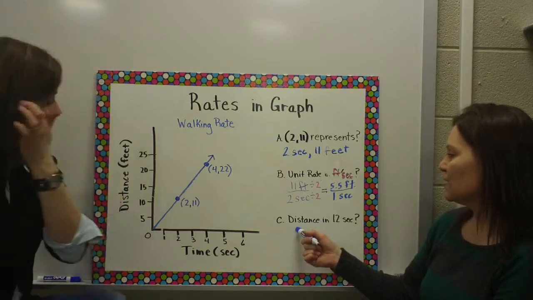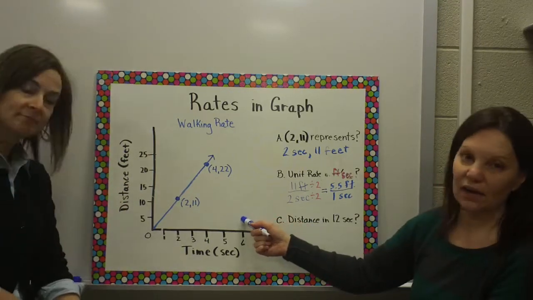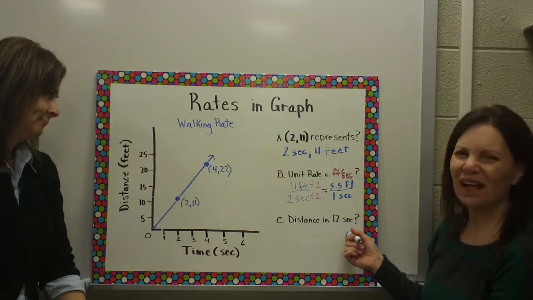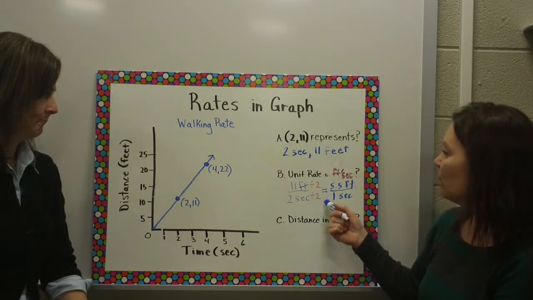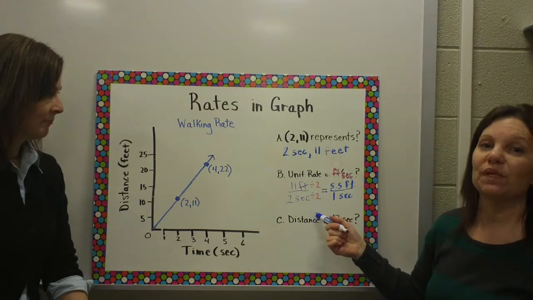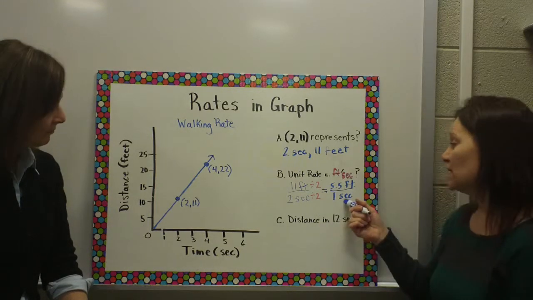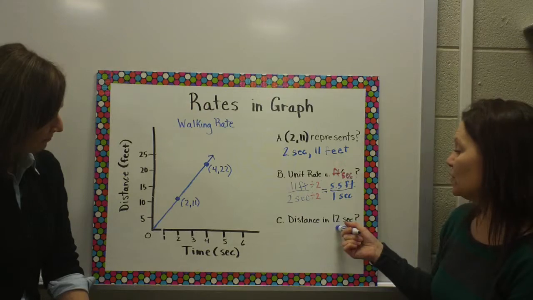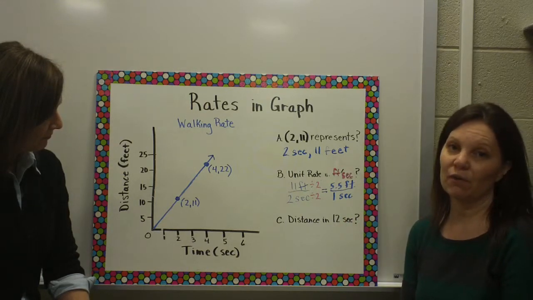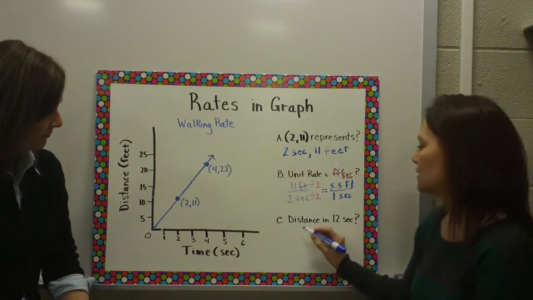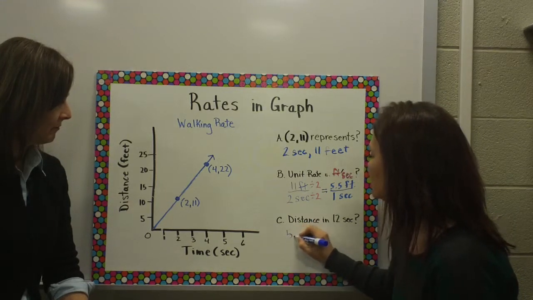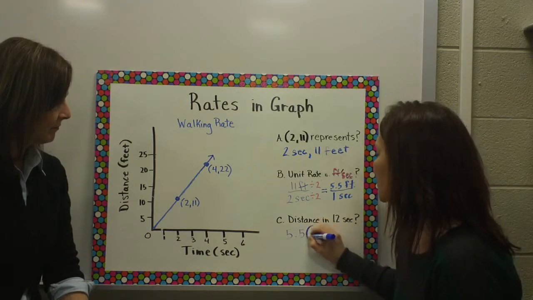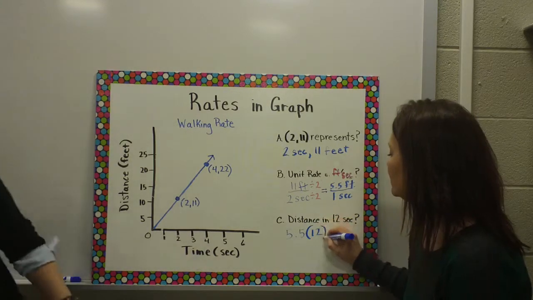The last question says, because it's not on our graph, what if you walked for 12 seconds? Our graph only goes up to 6 seconds. Well, we could go back to our unit rate because we know how far we walk in 1 second. Well, if we multiply by 12, we'll know how far we walk in 12 seconds. So I'm going to take my 5.5, and I'm going to be multiplying that by 12.